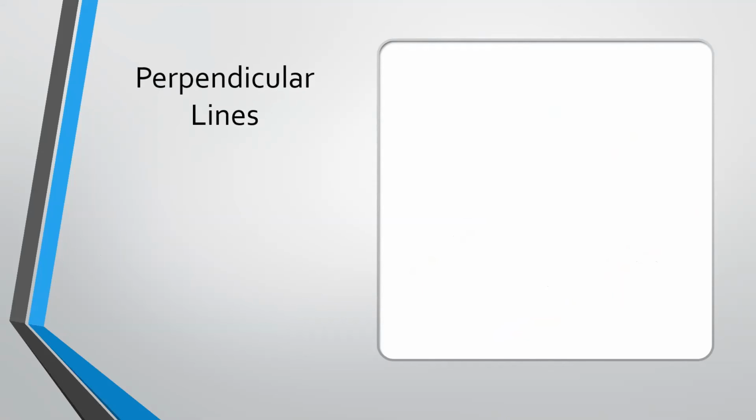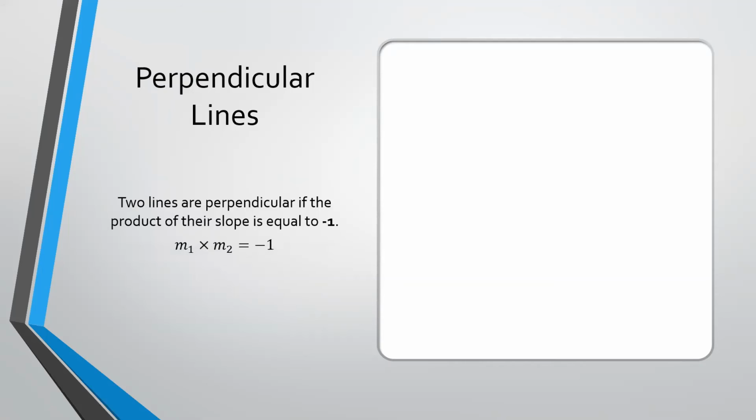Perpendicular lines. Two lines are perpendicular if the product of their slopes is equal to -1. So M1 times M2 is equal to -1.